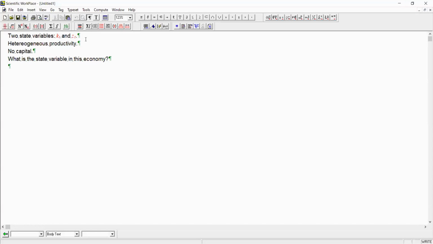The answer is that it is going to be the distribution of values of Z across firms. If there are a finite number of possible values of productivity, that distribution is going to be a vector. If there is a continuum of possible values, then that distribution is going to be a function.